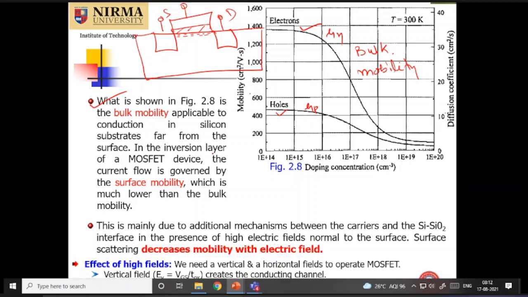Whereas this mobility is talking about this further area, and in the further area of the substrate mobility is higher.